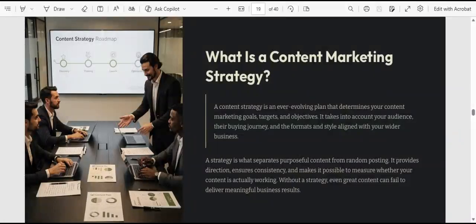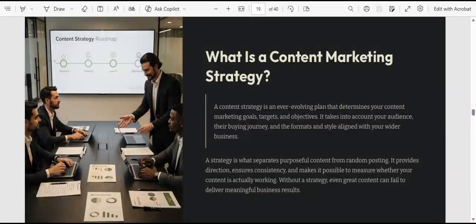It takes into account your audience, their buying journey, and the format and style aligned with your wider business. So, a content marketing strategy is an evolving plan that determines your content marketing goals and also objectives.